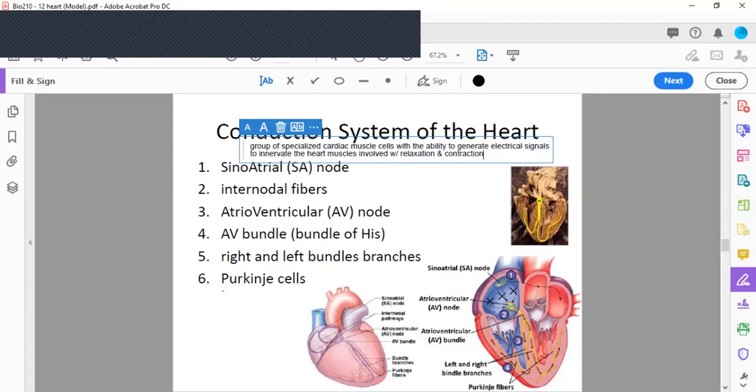The conduction system of the heart is composed of 1, 2, 3, 4, 5, and 6.